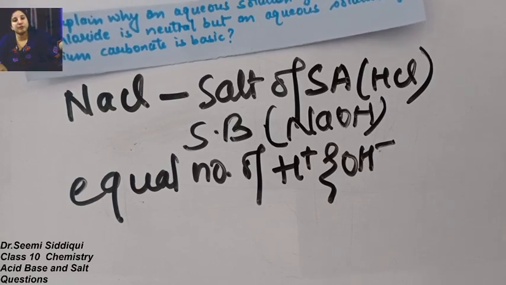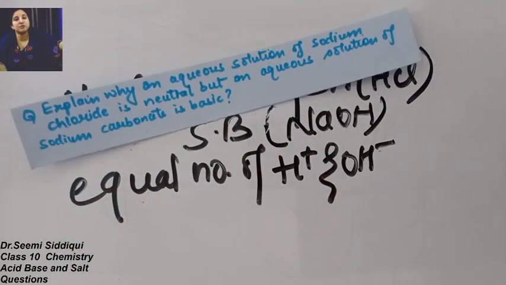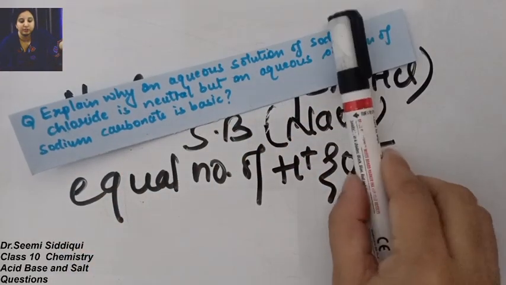Aqueous solution of NaCl contains equal number of H plus and OH minus ions. Therefore, it is neutral in nature. Clear? Now the second part, aqueous solution of sodium carbonate is basic in nature.